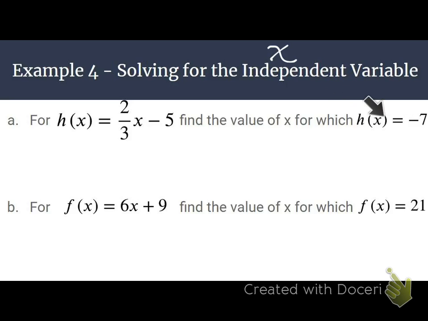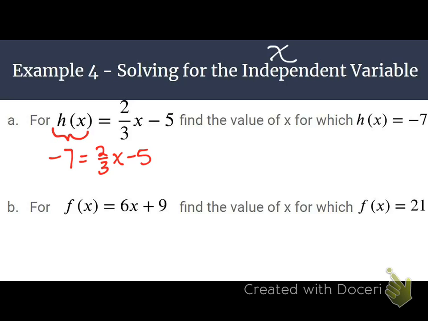They said h of x is equal to -7. So I'm not replacing the x, I'm replacing the name of the function. So I'm going to be replacing this h of x with what? -7. That's what they told me it equals. The rest of it stays the same. The goal of these is to solve for x.